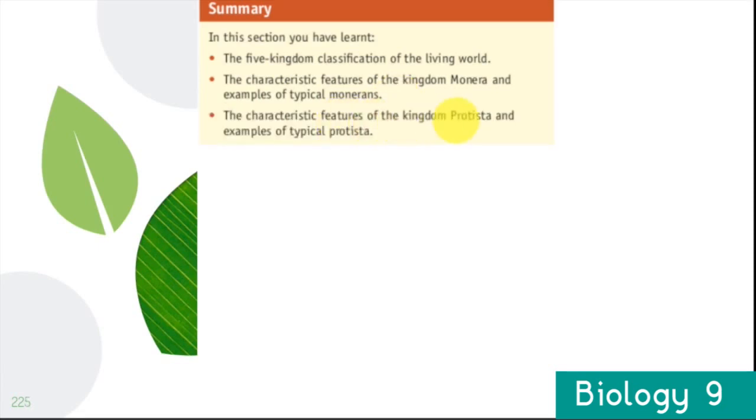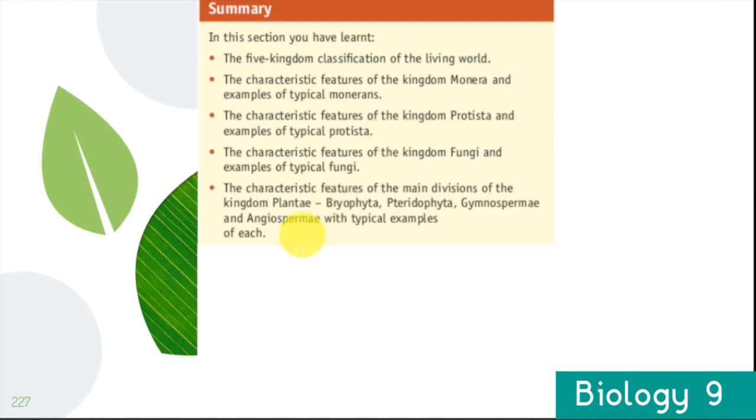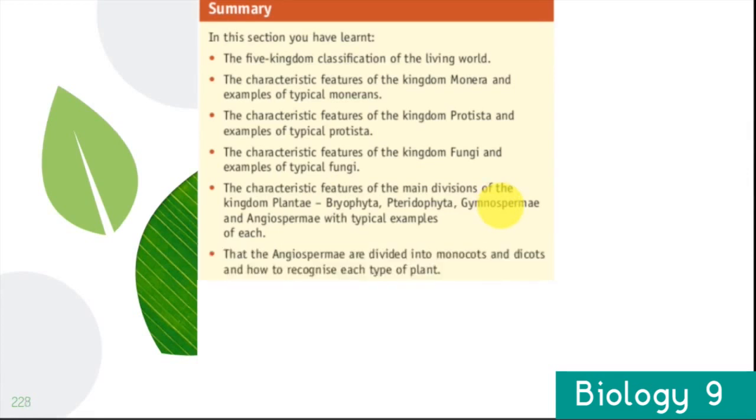The protists, these have got the nucleus, and there's many different types, and we went through a few. Characteristics of fungi, so they can't photosynthesize, and they're important decomposers. And we also then looked into divisions of the kingdom plants, and we need to be able to remember a few different examples of each of those.